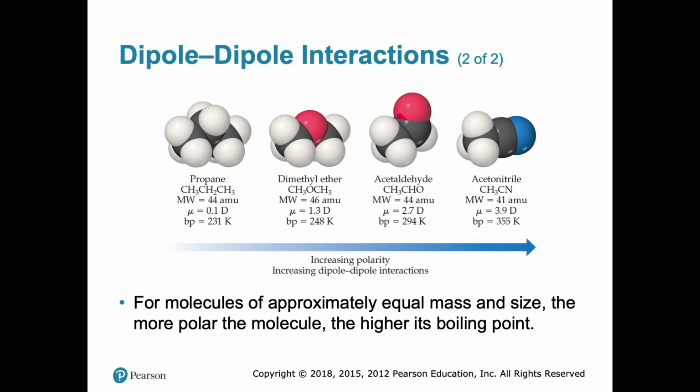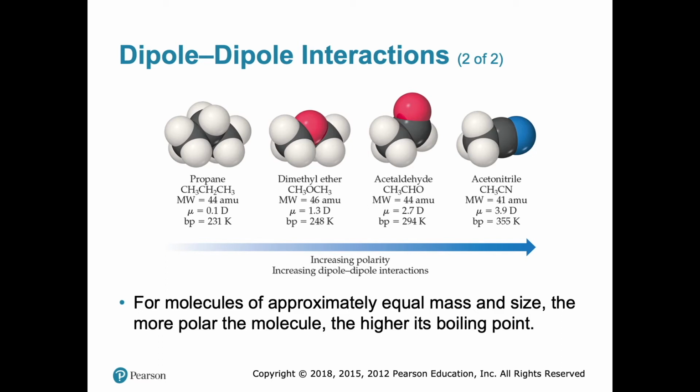And then we get over here acetonitrile, right? We have nitrogen now on this side, and carbons on that side, even more polarity, and we get a boiling point of 335 Kelvin. So another trend: as increasing polarity happens, increasing dipole interactions occur, which do what?